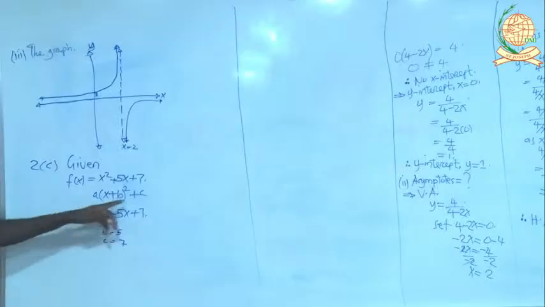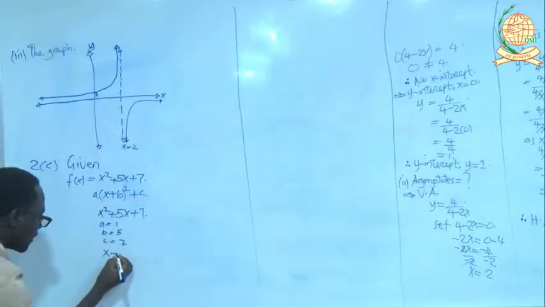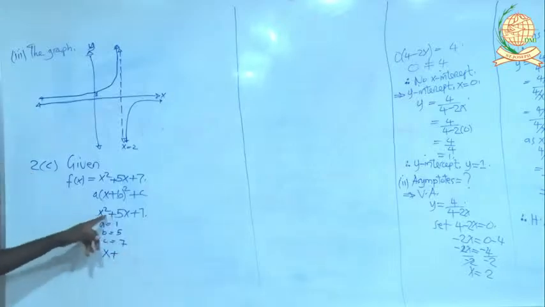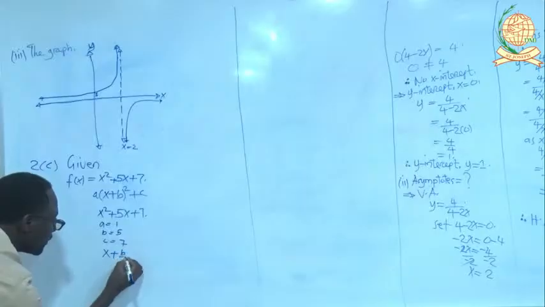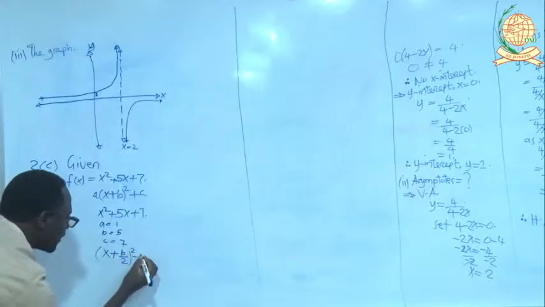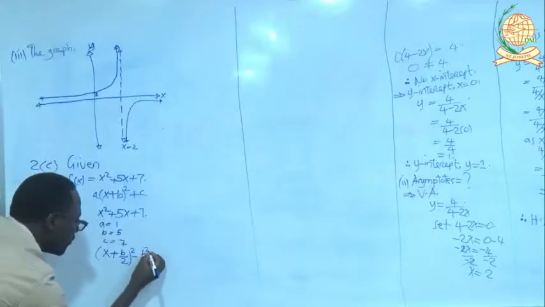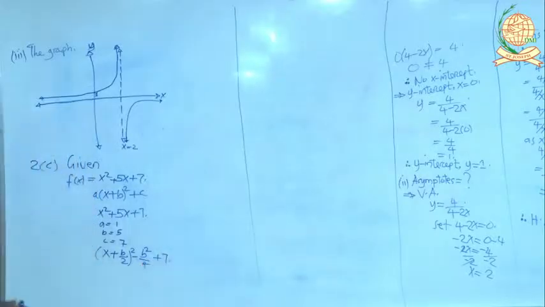Then to express in the given form, we write in this form, x plus, since we have the sign of plus, x squared plus 5x, plus b divided by 2, square, then minus b squared over 4, again plus the value of c, which is 7.